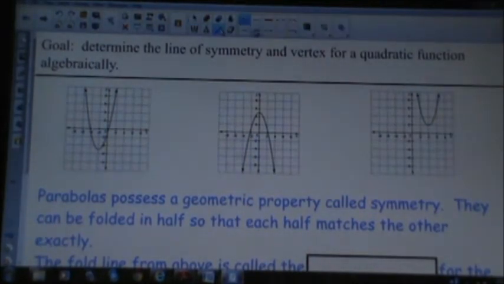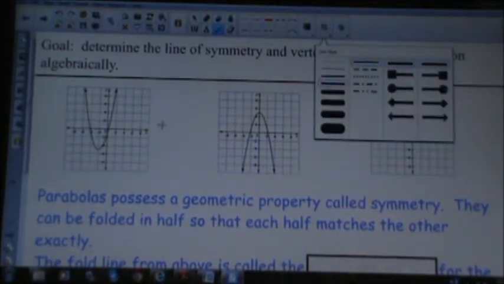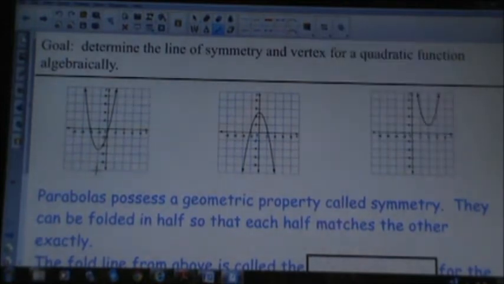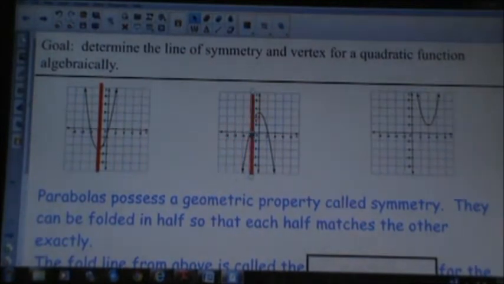So if I took a line and I drew that line going right here through the vertex, what I have on one side, if I could fold it over top of this line, would be the same as on the other side. And I could do that for all three of these parabolas.